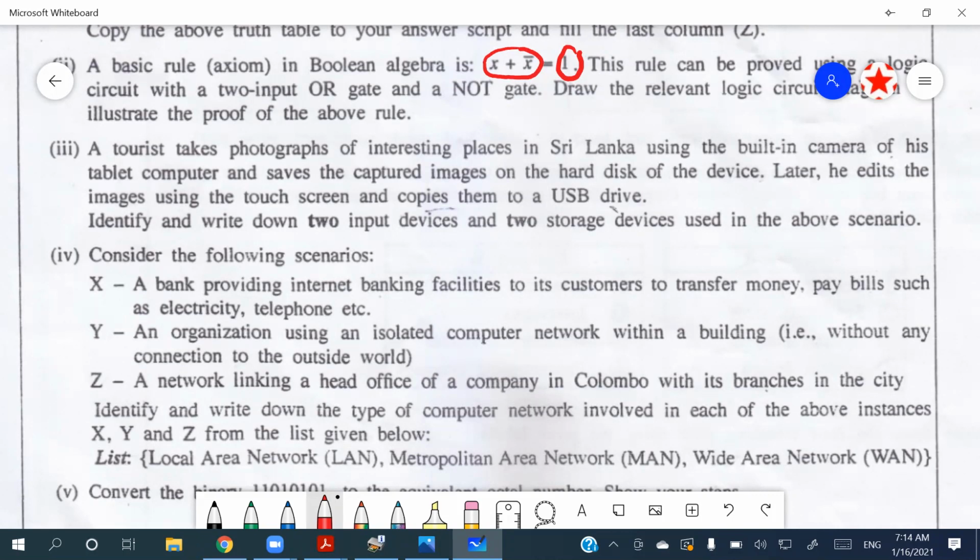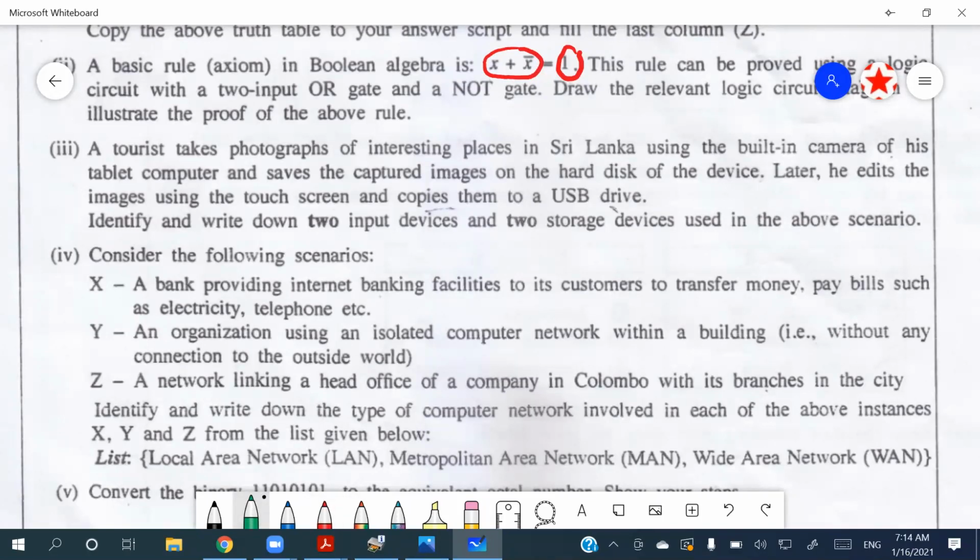Later, he edits the images using the touch screen and copies them to a USB drive. Identify and write down 2 input devices and 2 storage devices using the above scenario.